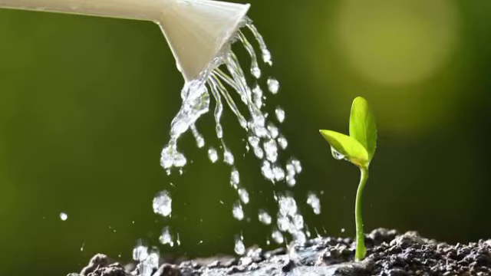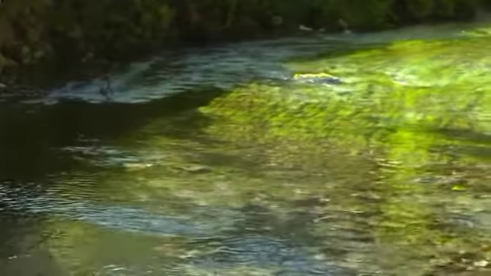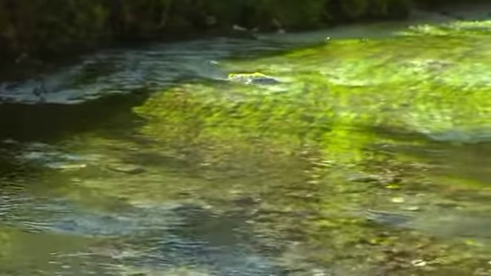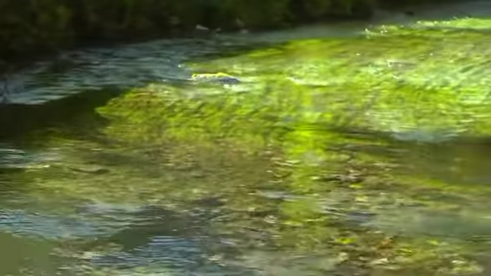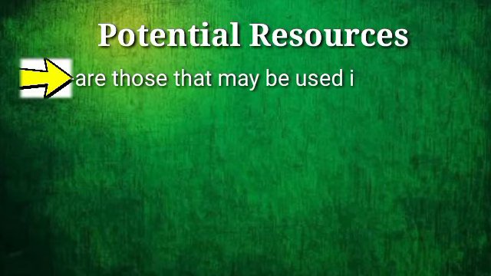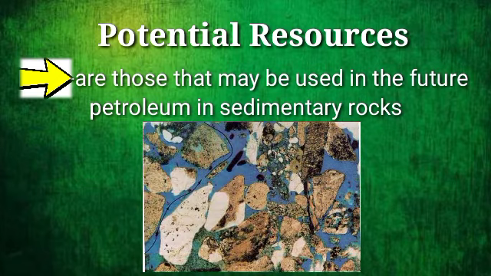Considering their stage of development, natural resources may be referred to in the following ways. Potential resources are those that may be used in the future, for example, petroleum in sedimentary rocks.